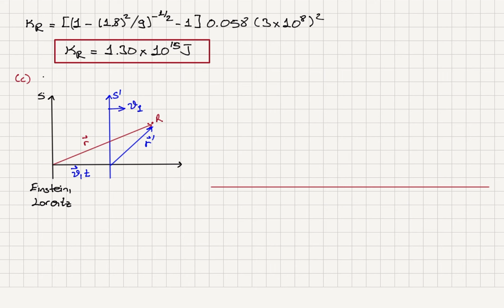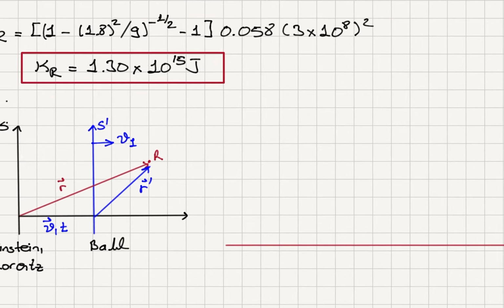If we are locating the rabbit, the position vector of the rabbit according to the S reference frame is r, and according to the ball reference frame, the S prime reference frame, it is r prime. If at t equal to 0 these two reference frames overlapped, in time t the origin has moved a distance v1 times t. So there is a relationship between these vectors.